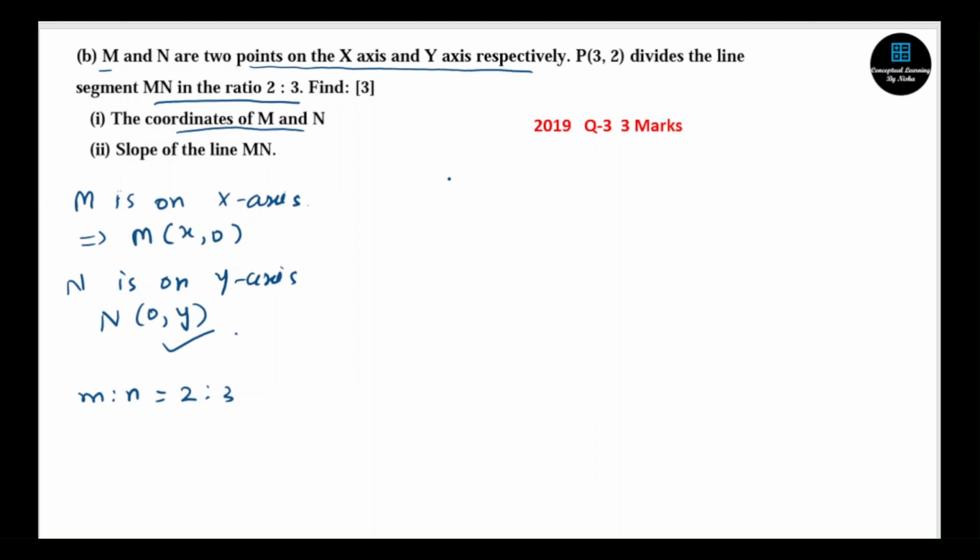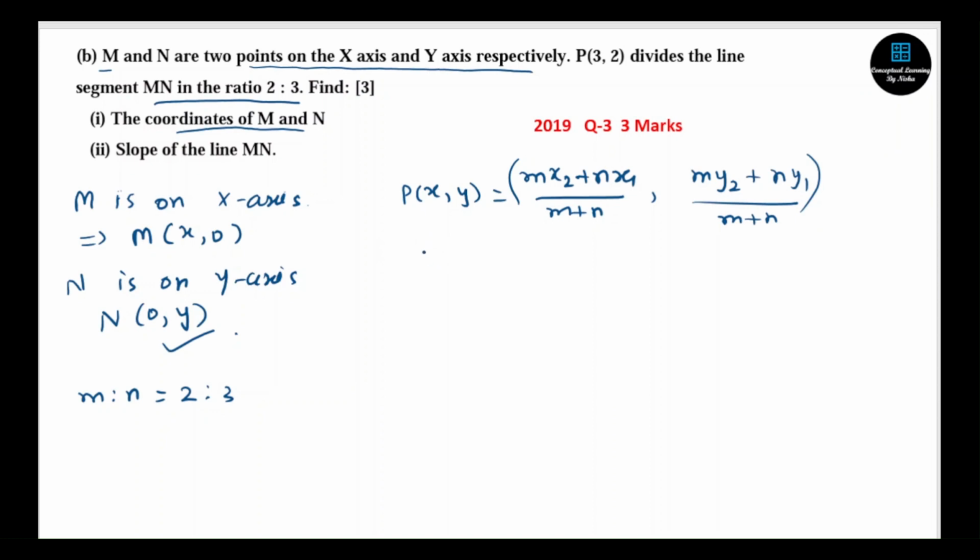Now applying the section formula. So what do we get? P coordinates are given as 3, 2. Now the value of m. M is 2. x2 we have to find, but x1, y1 for me are these. Okay, these are x1, y1, and these are x2, y2 for me.